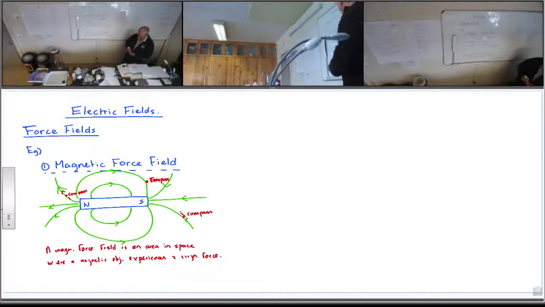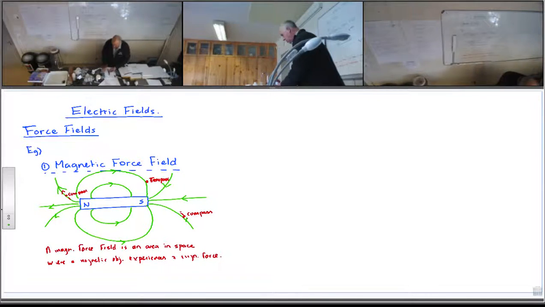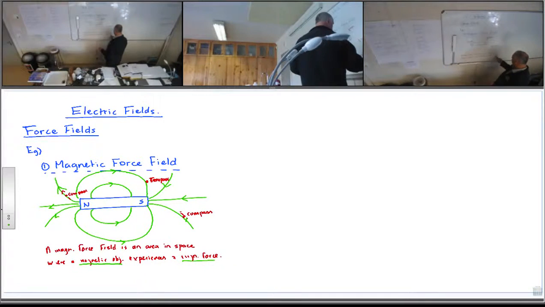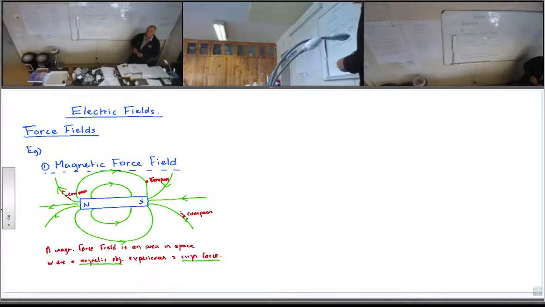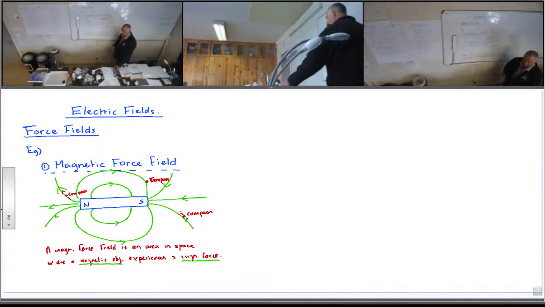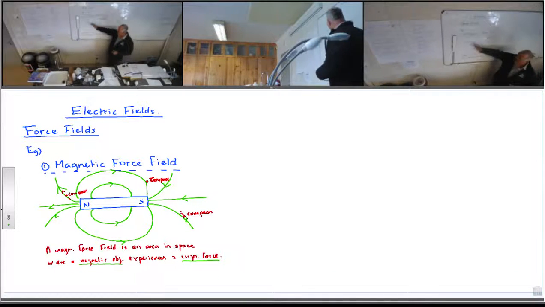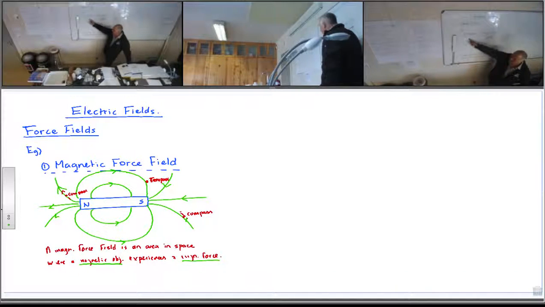Okay, so you've got a magnetic object experiencing a magnetic force. Yes? It doesn't ever end. It extends. And what would happen if I had to put a compass here? Shoot to the closest line.